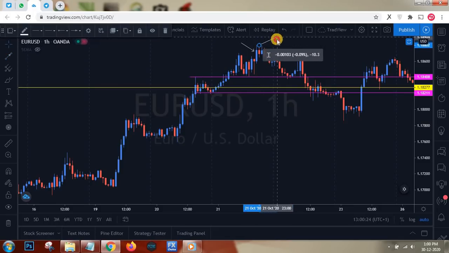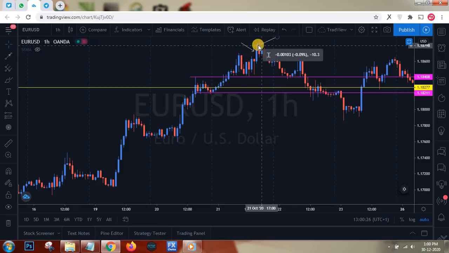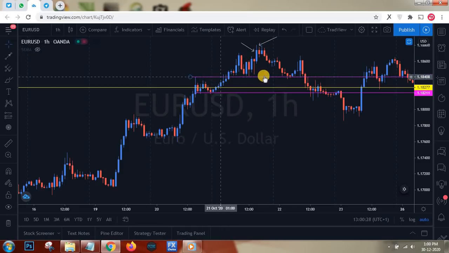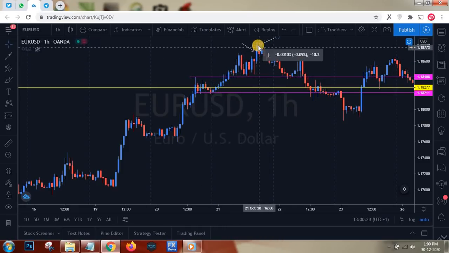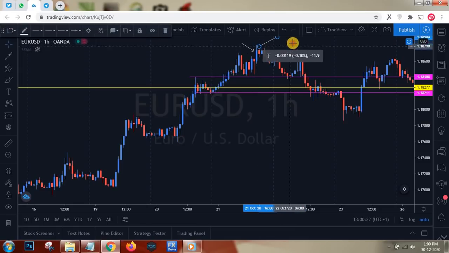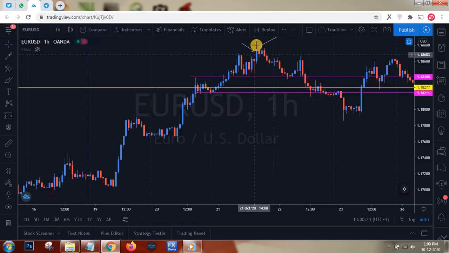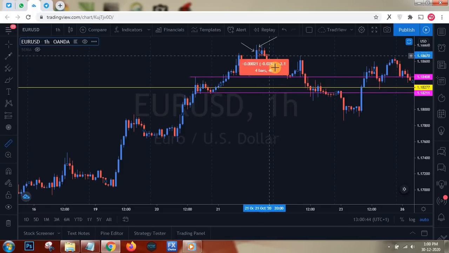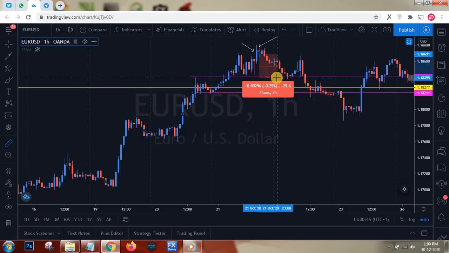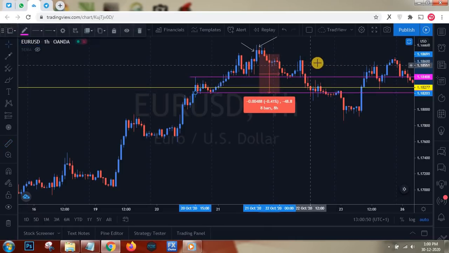This is another time for me to sell. Even if I had to close this because it was going against me, this was a very good time again to sell. Now, if you have capitalized on this sell, and you're taking 10 pips or taking it down to where you took the trade from, then it should be giving you up to here 29 pips, and down from your first entry 48 pips. Simple and clean.